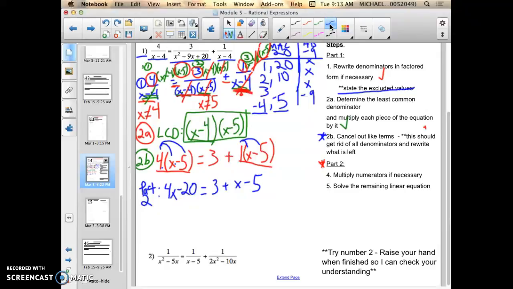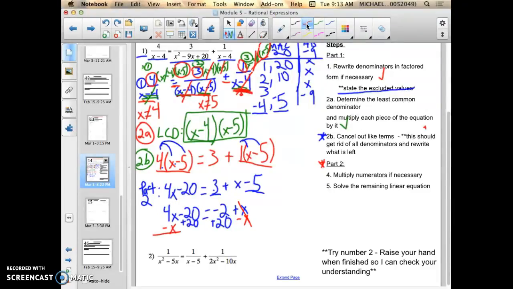Now I have to put x's on one side, numbers on the other side. There is something I can combine on the right side, so I'll rewrite everything. 4x minus 20 now equals a 3 plus a negative 5 is a negative 2, and then I have a plus x still. So I'm going to put numbers on the right side, so I have to move this 20 over here. If I put numbers on the right side, I have to put variables on the left side, because I have to balance out the equation.